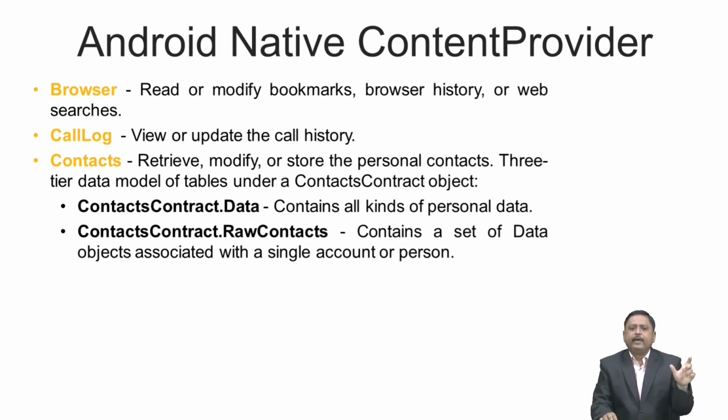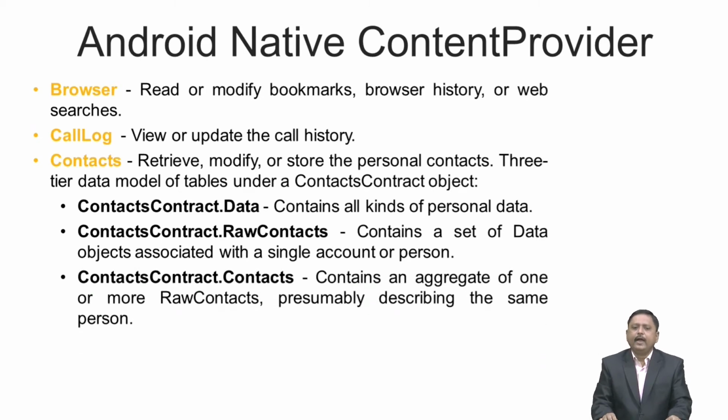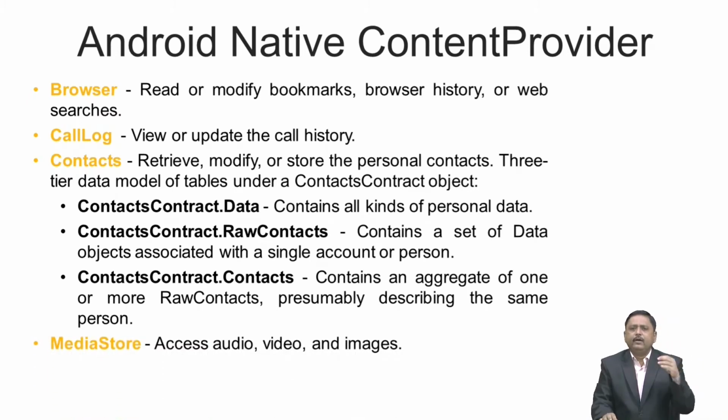Then we have a table called ContactsContract.RawContacts, which contains a set of data objects associated with a single account or person, and we have a third table called ContactsContract.Contacts, which contains an aggregate of one or more raw contacts, presumably describing the same person. So, we can use this table to get and modify the list of contacts.